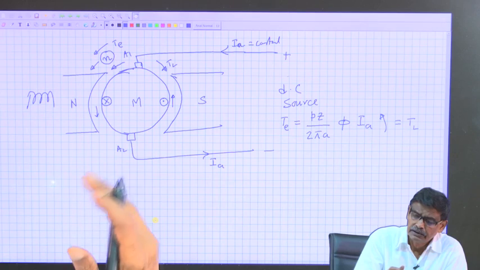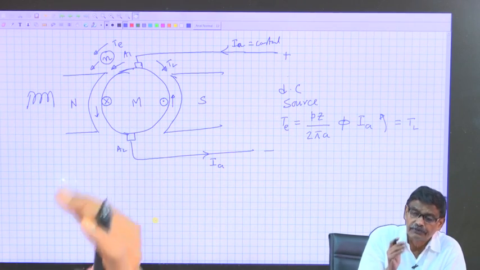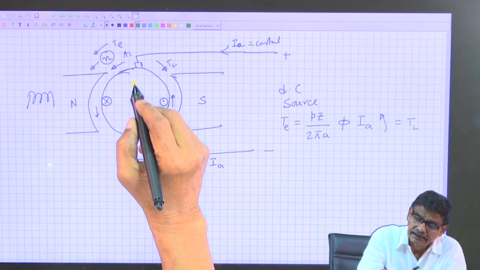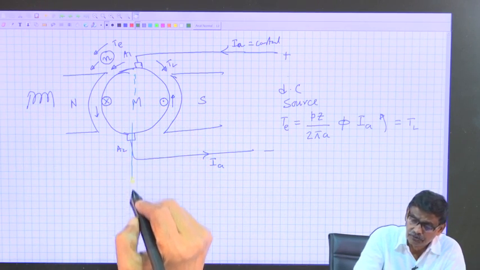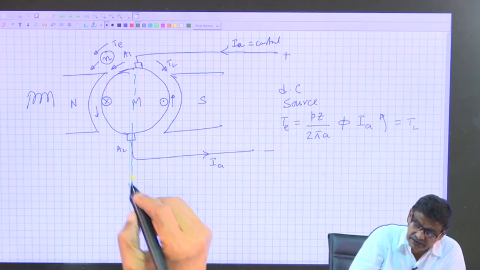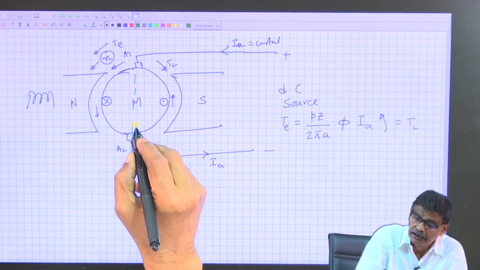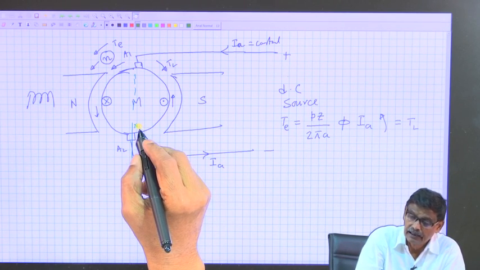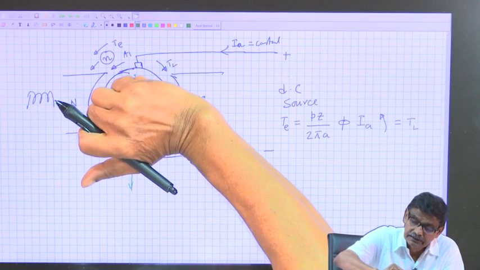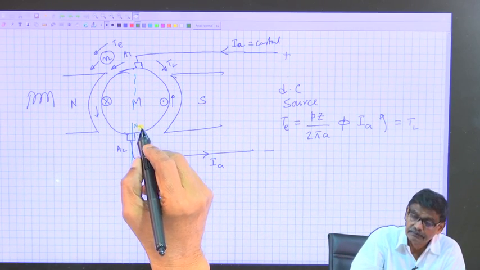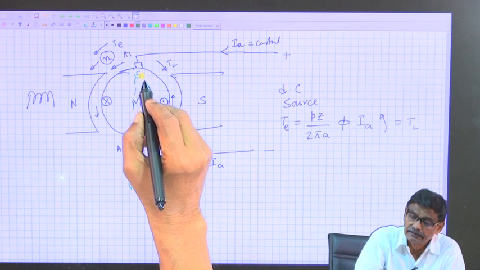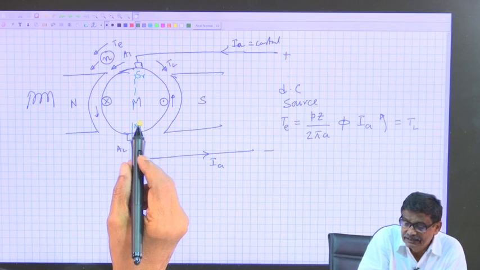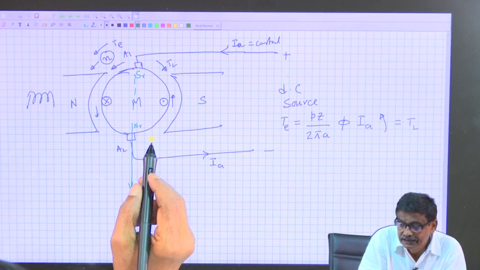If you wish, the armature field, the rotor field, will always be vertical. Here the lines of force for the rotor field will be vertically downwards. Therefore, this side will become NR and this is SR, and this NR will be repelled by this.